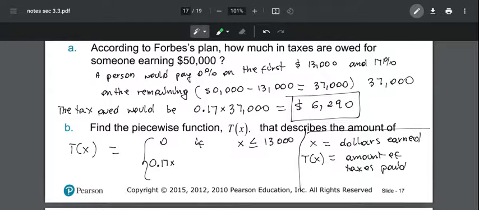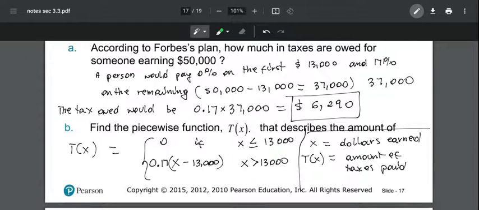So technically what we made in a year minus 13,000. So that will be 0.17 times, in parentheses, x, which represents dollars earned, minus 13,000, because based on that plan, we're not supposed to pay any taxes for the first 13,000. And this one works only for x's greater than 13,000.